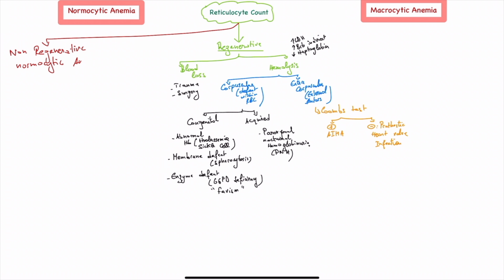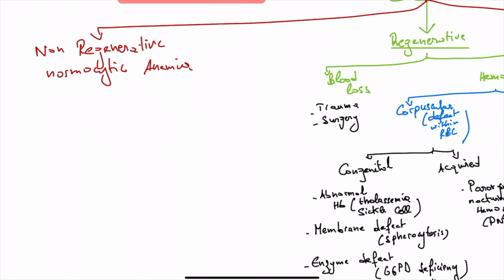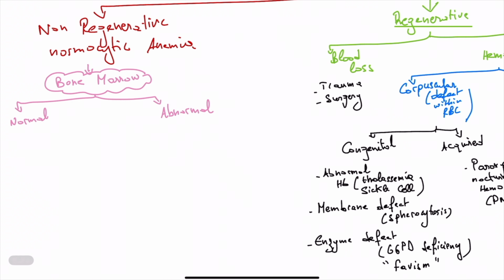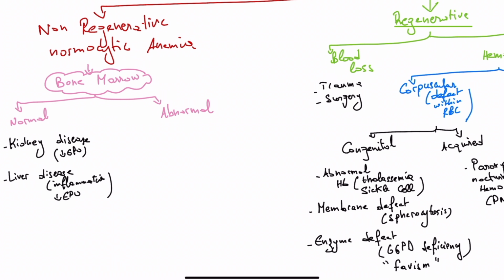In normocytic anemia, the first thing you'll need to check is the bone marrow. If the bone marrow is normal, the anemia could be due to kidney disease from low erythropoietin, since it's the hormone that stimulates the production of red blood cells, or liver disease from chronic inflammation or from low erythropoietin.